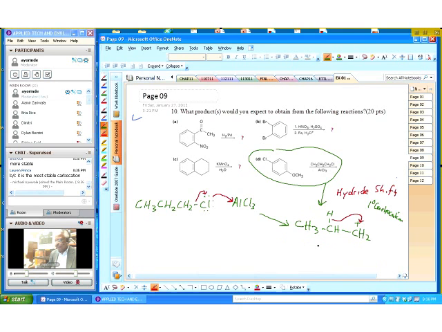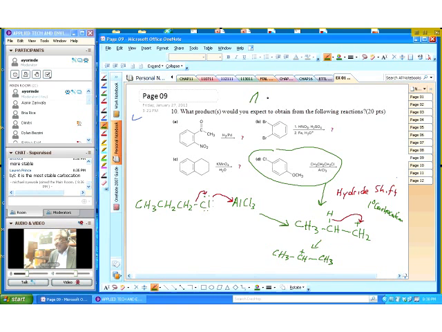So now you are going to form the secondary carbocation. Remember, anytime your initial carbocation can rearrange to form a more stable carbocation, that will happen. That rearrangement could be in form of hydride shift or alkyl shift.